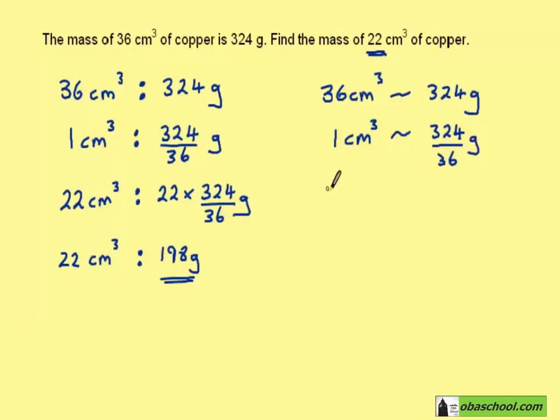And then, since we want 22 centimeters cubed, we multiply both sides by 22. Calculating gives us the same answer, 198 grams.